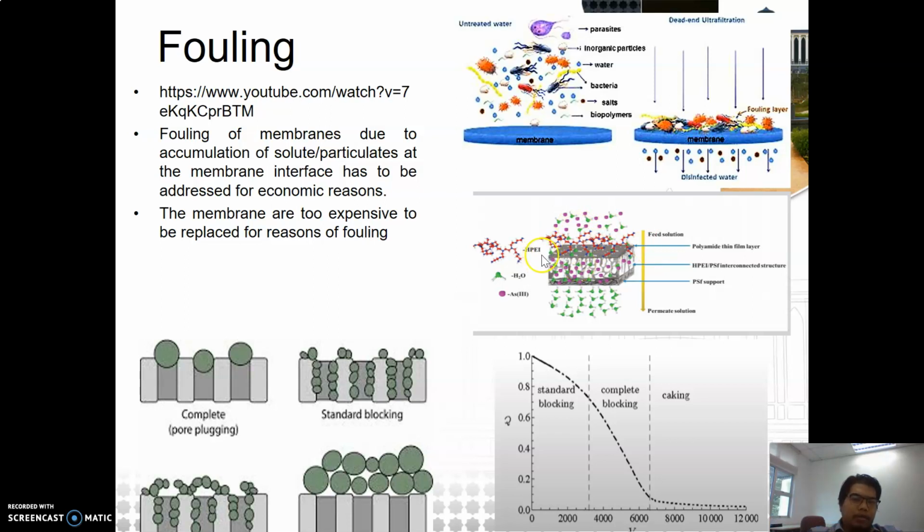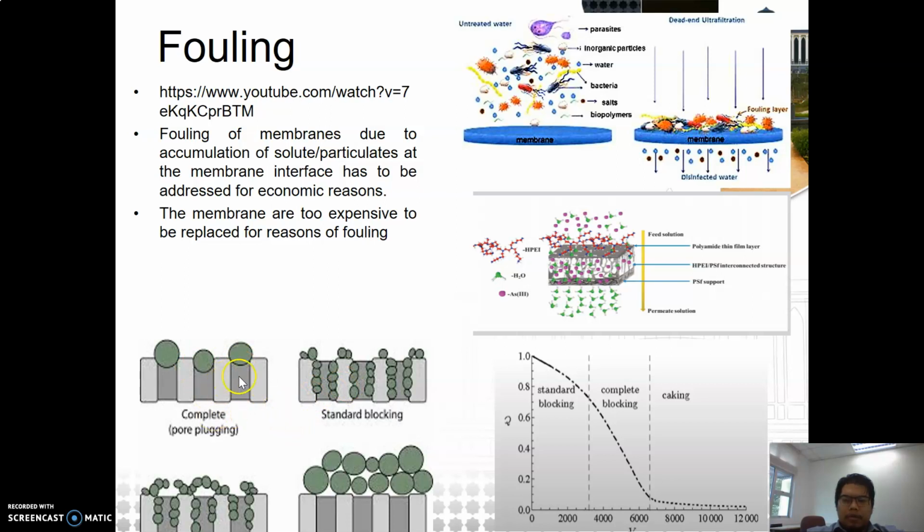HPE1 and arsenic will block the pore of the membrane, and it depends on the degree of blocking. If it is not serious, we can still recover the membrane. But if it's serious, it will take more time to remove all the particles.